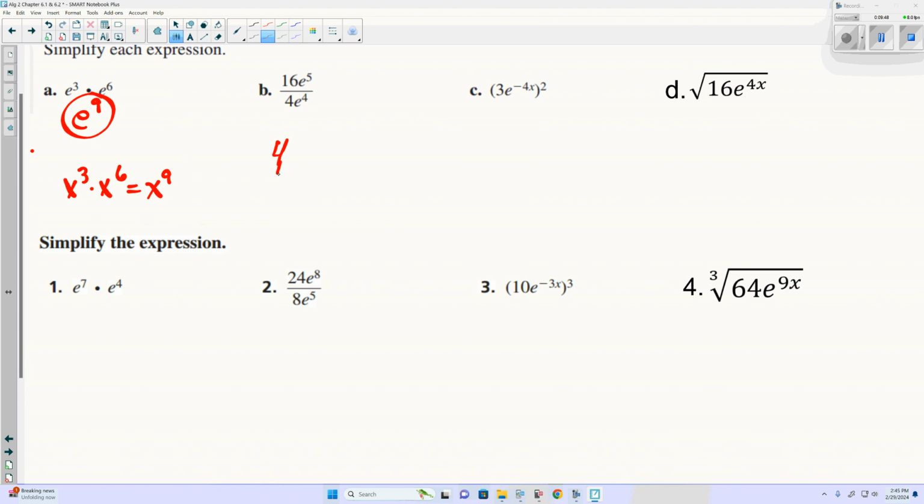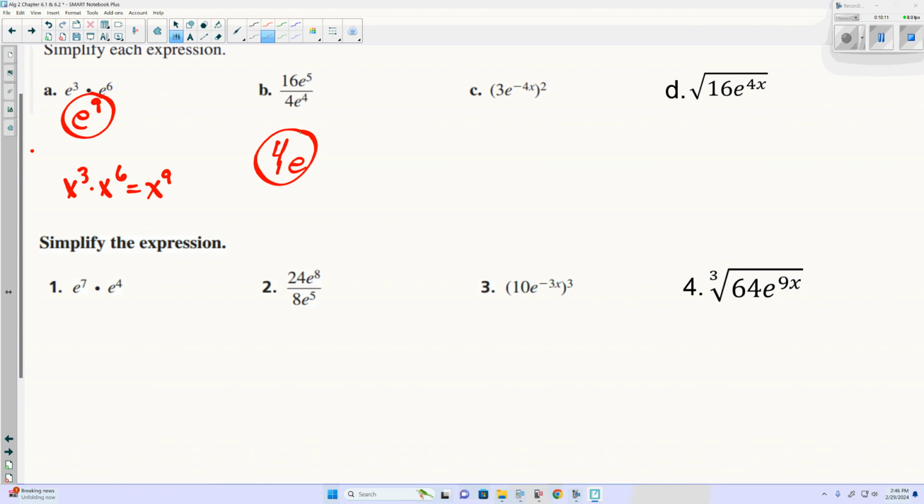Then e to the 5th over e to the 4th. When we divide like bases, we subtract the exponents. So 5 minus 4 is 1. And since it's bigger on top, it stays on top. So the next one is just 4e.